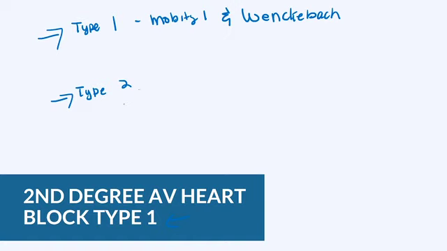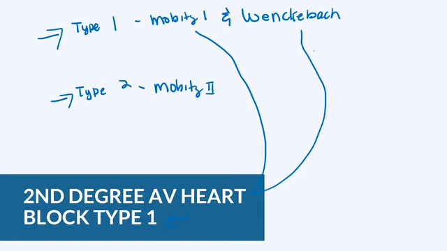Type 2 is also called Mobitz 2. Again, you'll learn to tell the difference and understand them easier. So let's get started and talk about second degree AV heart block type 1, also called Mobitz 1, or also called Wenckebach.